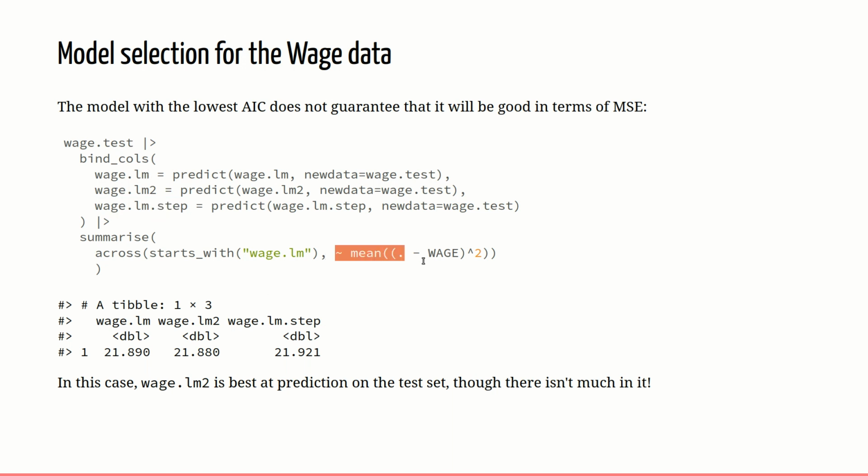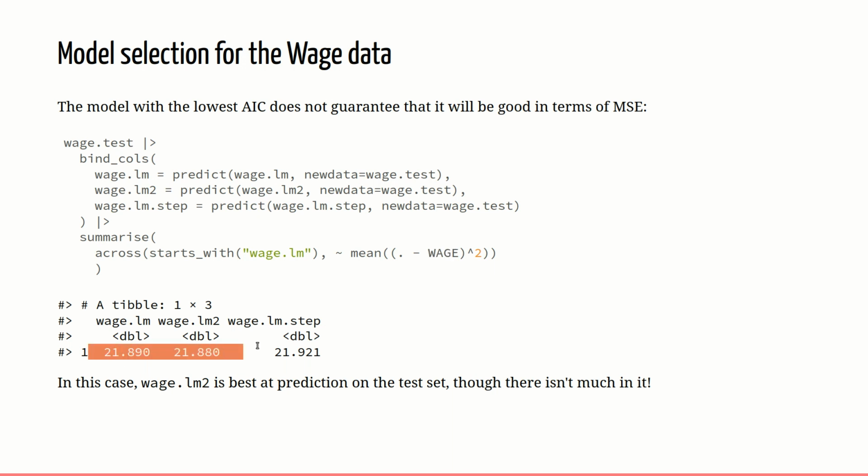And then the function that I'm applying is done in this lambda syntax. So a tilde, which specifies this is a function, and the function then takes a dot argument, which is equivalent to f of x, right? And so each of the columns, wage.lm, wage.lm2, wage.lm.step, will be substituted in for the dot, and then we'll subtract off the wage column, square it, compute the mean, right? So this is a mean square error computation.